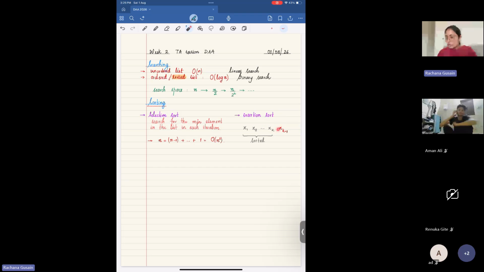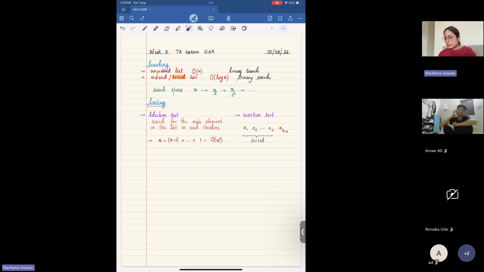So we are not going to swap things, just shift xk one position to the right, and then continue. Next, we compare xk plus 1 with xk minus 1. Again, if xk minus 1 is larger, we shift it to the right. So when do we stop? When we find an element which is smaller than or equal to xk plus 1.